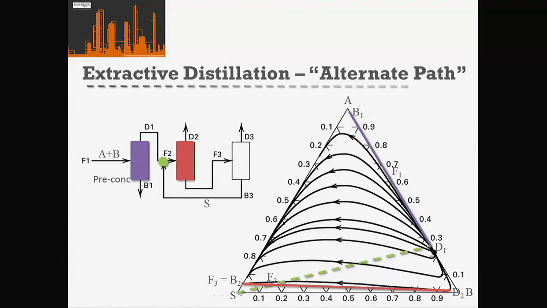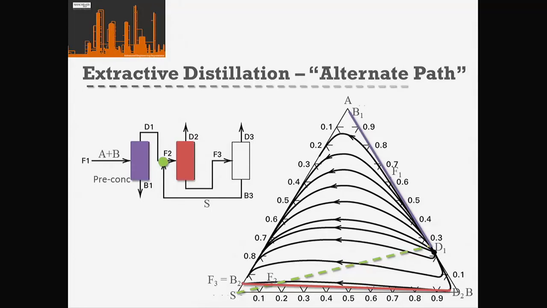And if I come over here to a bottom product, it lies on the same residue curve, and it also crosses our dashed green line, which is where we know that our feed to that column must be on. So we know that our feed composition to our column must be where those two lines cross.